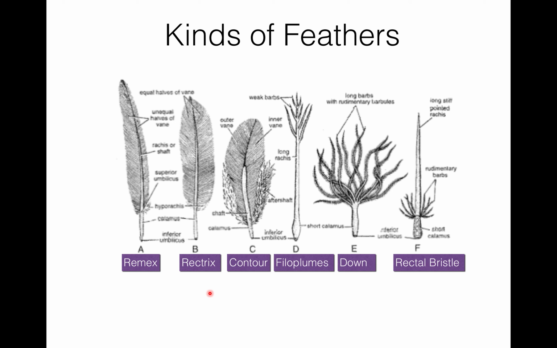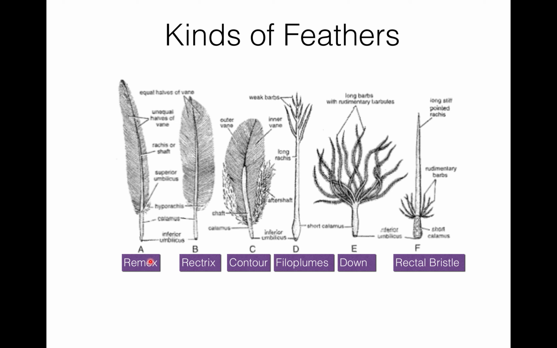A typical quill is a typical flight feather, and it has a comparatively stronger shaft, and is characterized by the presence of barbules with an interlocking arrangement. They are further divided into remiges, rectrices, and coverts. First I will discuss remiges.